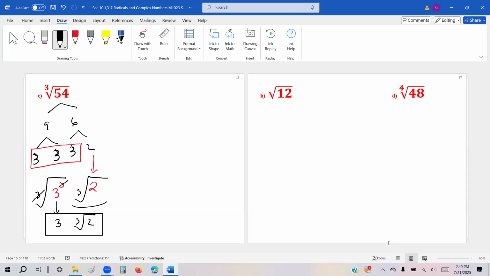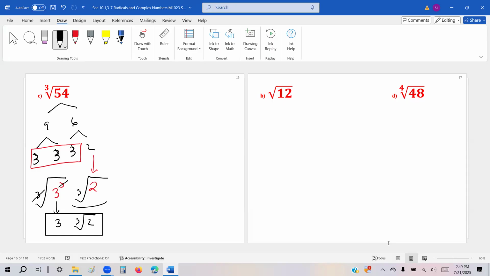So one will always be outside the root and one is inside the root. Okay, this square, right? Go to four. This one, what is it?